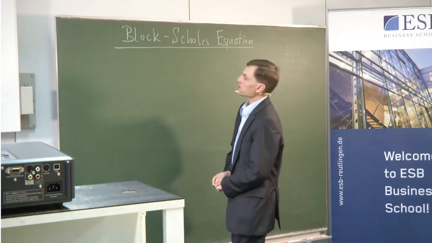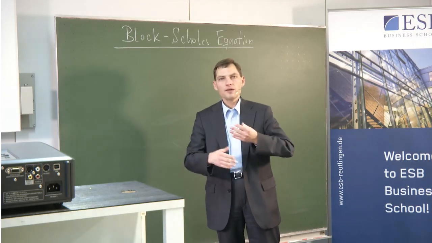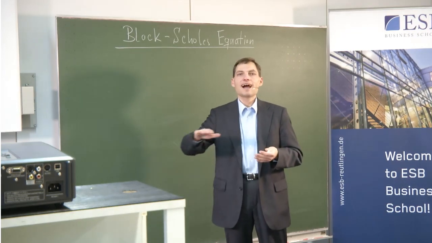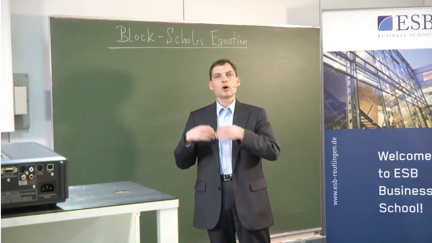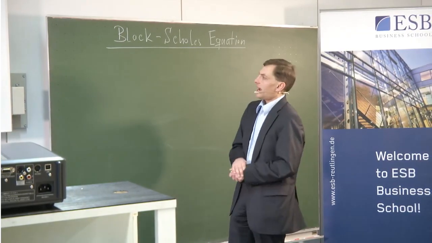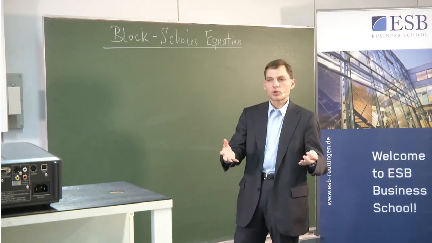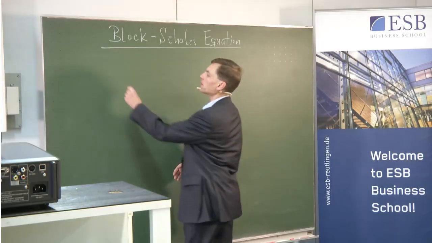The first assumption is we have to assume a certain behavior or dynamics of the underlying financial asset. So suppose we have an option which is based on a stock, Apple or Microsoft or whatsoever. And I assume that this stock price behaves according to what we call a geometric Brownian motion.